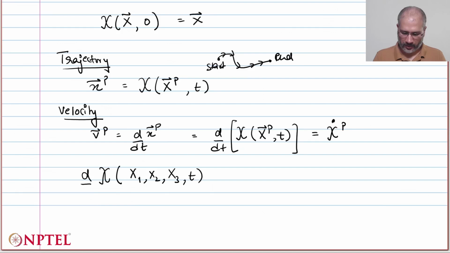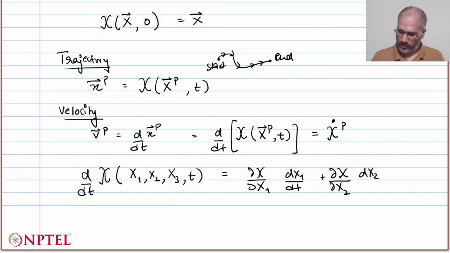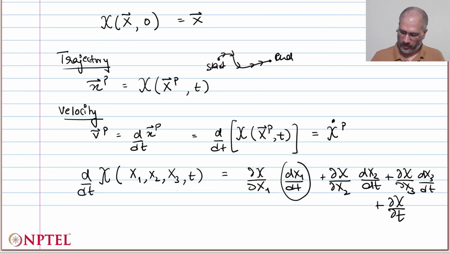So if I differentiate this with respect to time, this will be expressed using the chain rule as del chi by del X1 times dX1 by dt plus del chi by del X2 times dX2 by dt and so on. Now what about these terms? I want you to pause and think about it. What exactly are these terms? And I'm sure you've figured it out now that these are zeros.